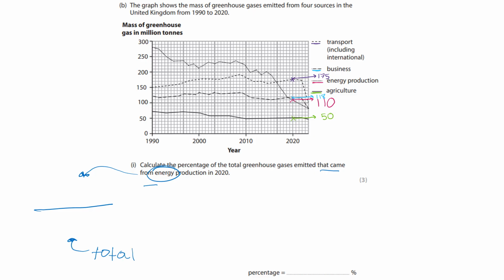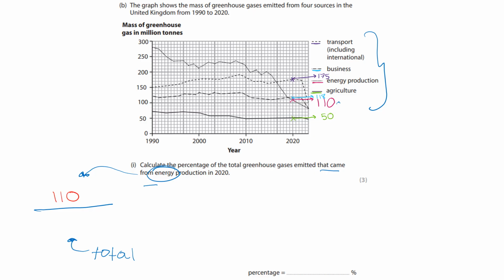So from energy, we're going to use this over here. It's going to be 110. Let me put that in red.